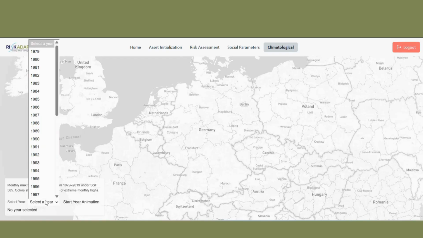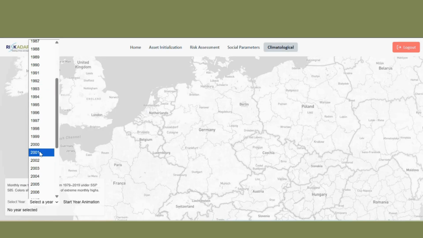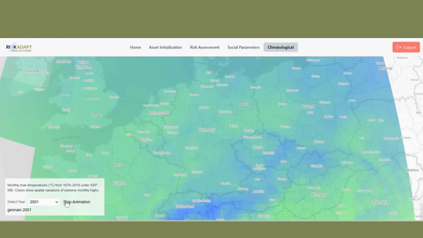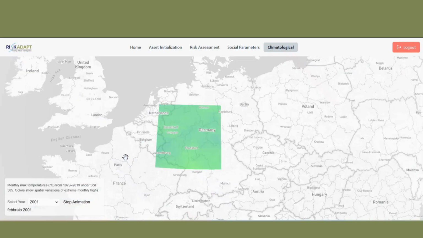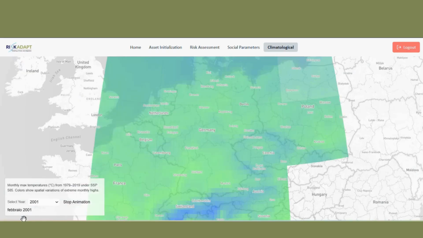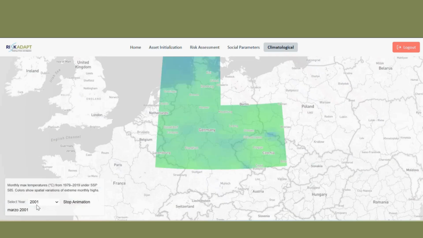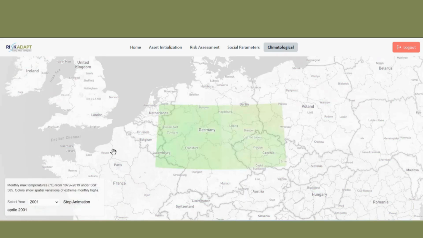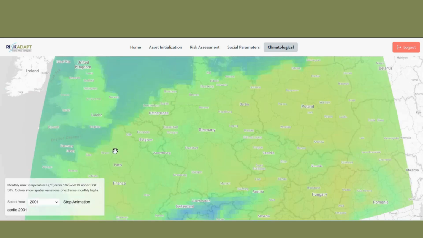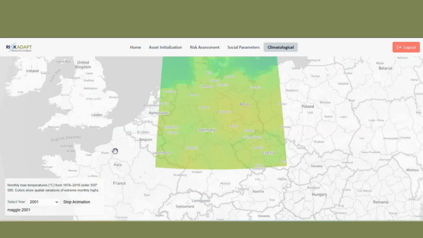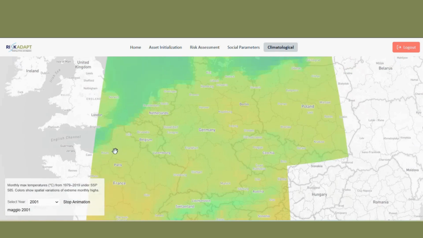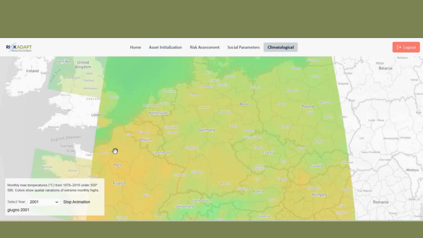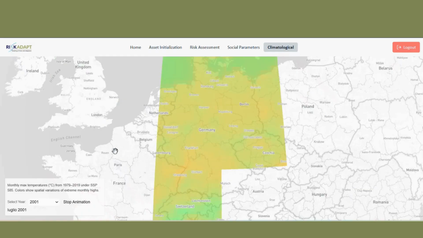And the user can select a year of interest, and then by pressing the button, an animation starts and can provide the monthly maximum, how they evolved from that year up to 2019. So these are more related to the climatologist, more interested. I think that these are the main functionalities, and we covered pilot 3.